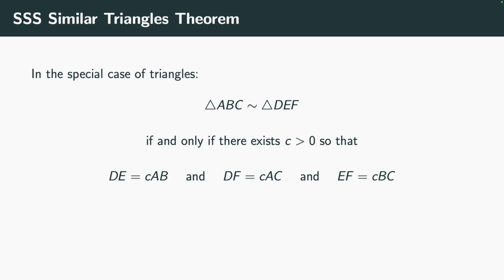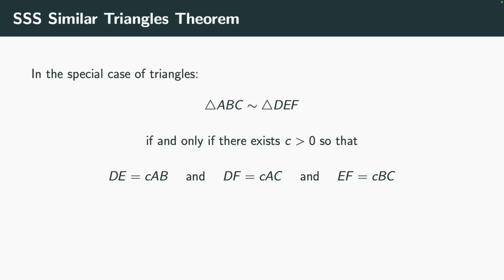Okay, so now we're going to state a few theorems about similarity, and we'll prove some of these later. The first one is the so-called side-side-side similar triangles theorem. This is only in the context of triangles. So if we have two triangles, ABC and DEF, these two triangles are similar if and only if there exists a positive constant c so that the sides are in the same ratio with each other.